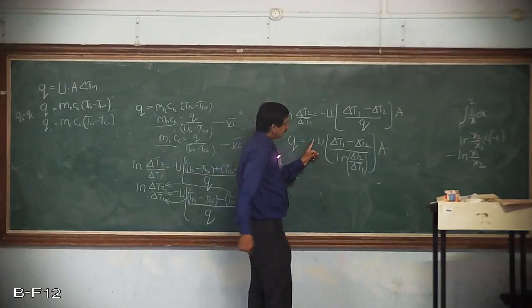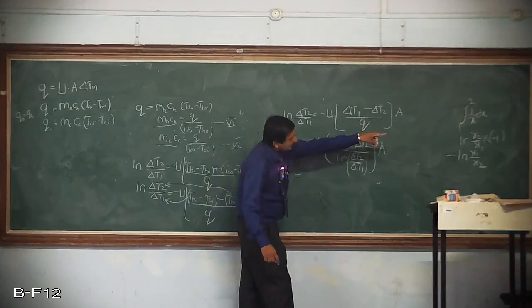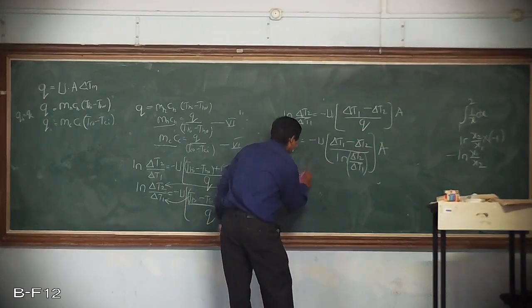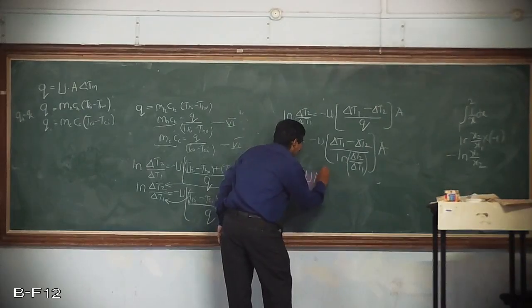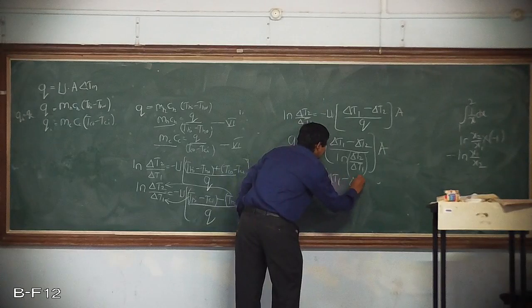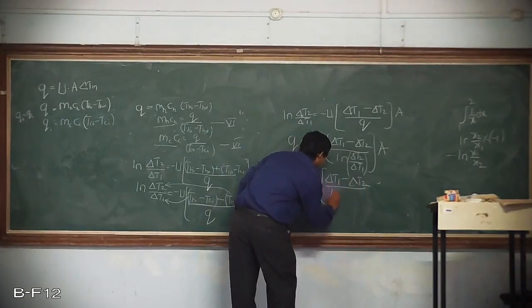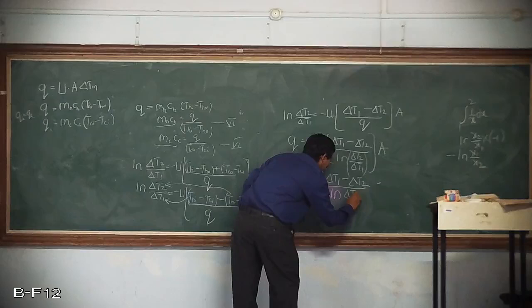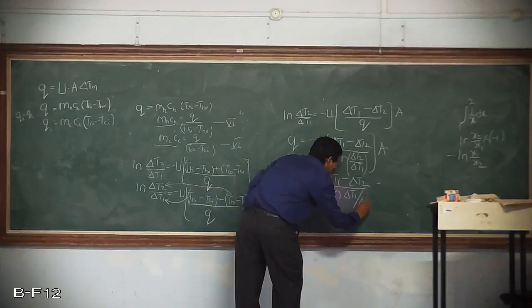Now, since minus is there and as we have seen the logarithmic property, what can I write? U into A equal to delta T1 minus delta T2 divided by ln of delta T1 divided by delta T2.